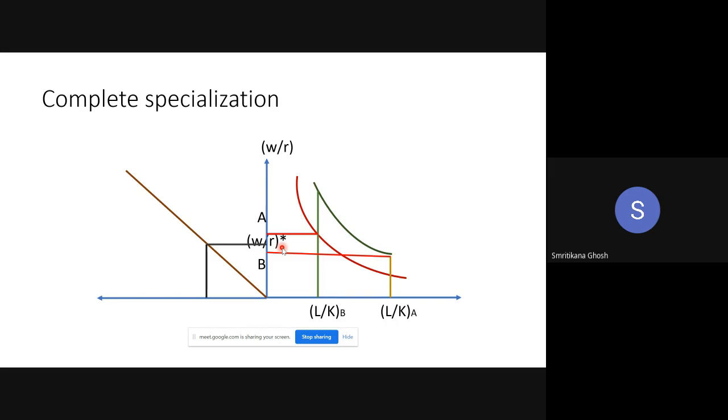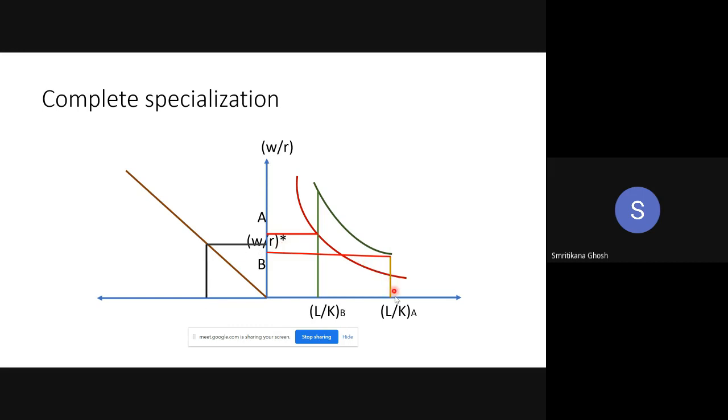Then what will decide the country? Look, as this is the W by R star, both countries are trying to reach there, right? Because they are following px by py star. They are facing px by py star, so they are trying to reach W by R star as well.